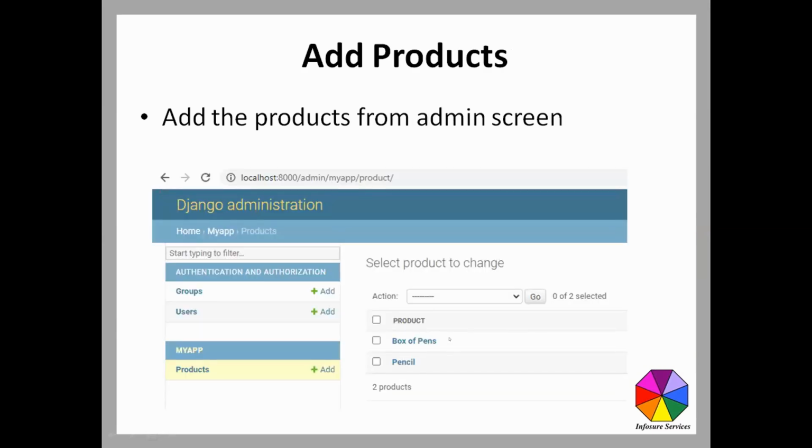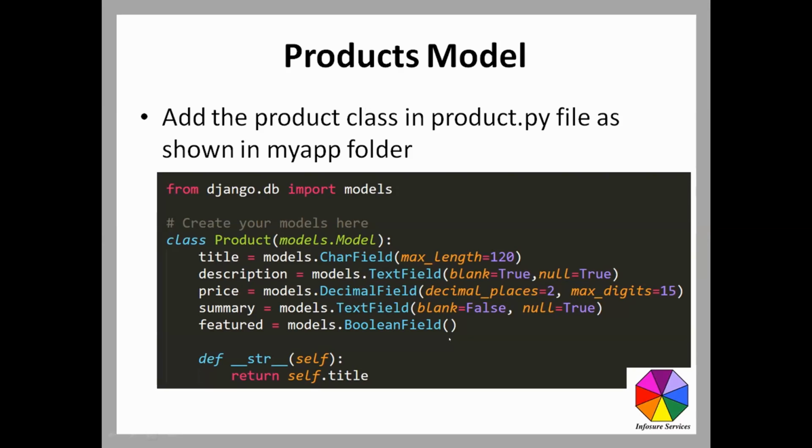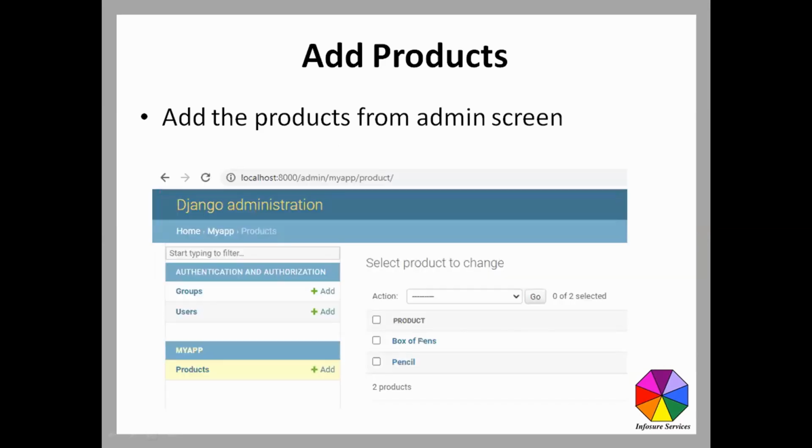Let me understand this. The box of pens is the object that you created, right? So box of pens is of a class called product, correct? Yes, it is an object under the class product. Correct. Now, I didn't understand the string part. What does it do?